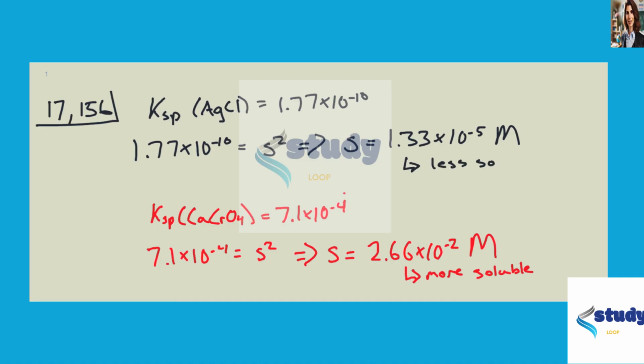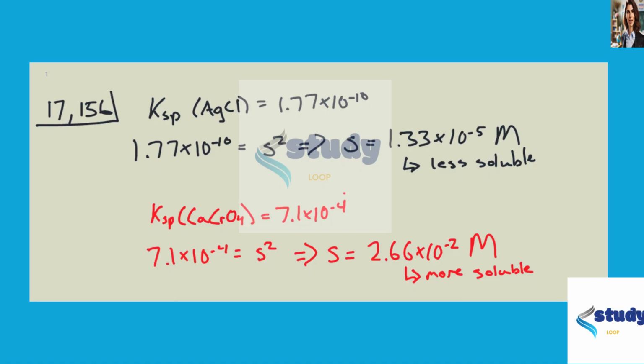Now, if we think of things when we first learned solubility rules, we thought of things as being soluble or insoluble. So neither of these compounds is as soluble as something like sodium nitrate or sodium chloride, things that we consider to be always soluble.